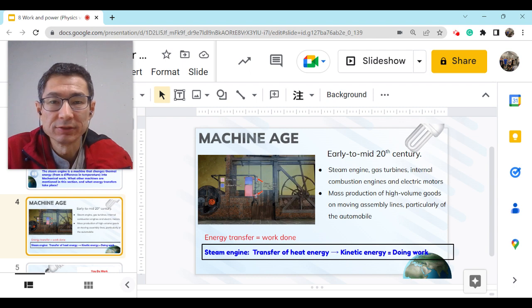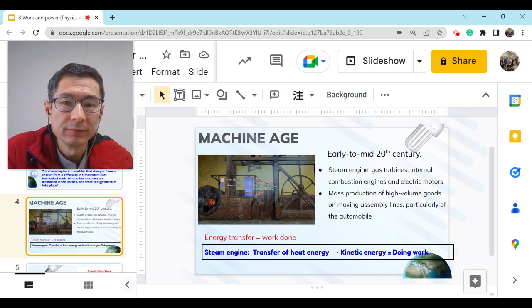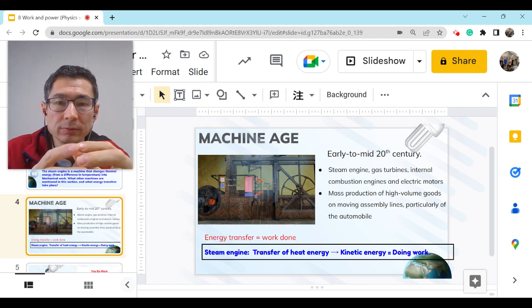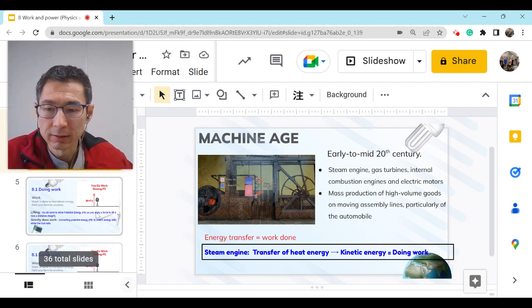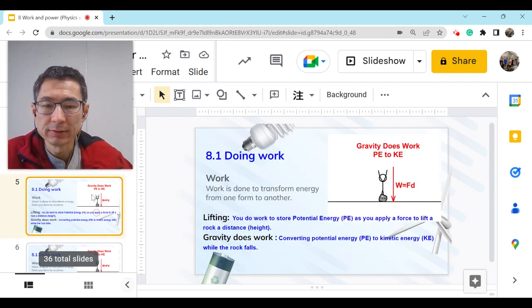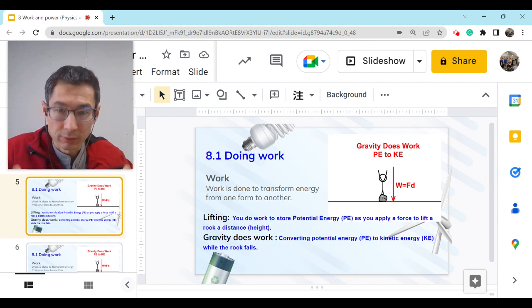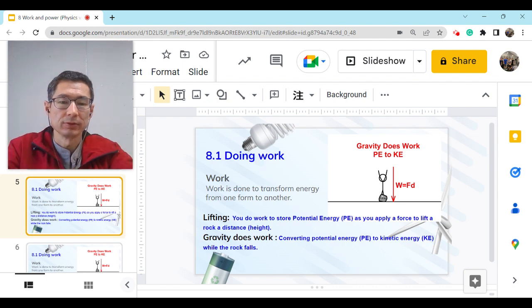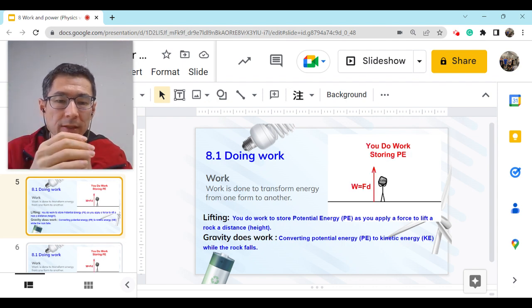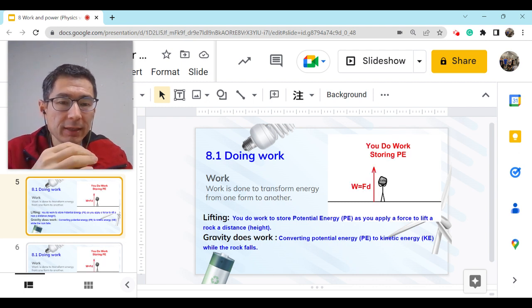There are specific definitions, and in the work case, the definition is applying force, which will be on the next slide, and moving the object in the same direction in which the force is applied. So in this case, we are doing work against the gravitational force, or the force of gravity.